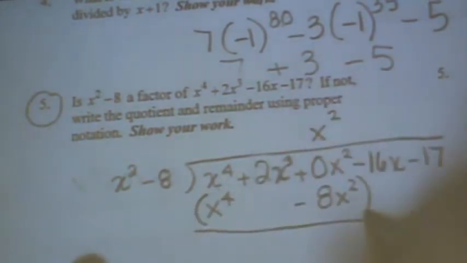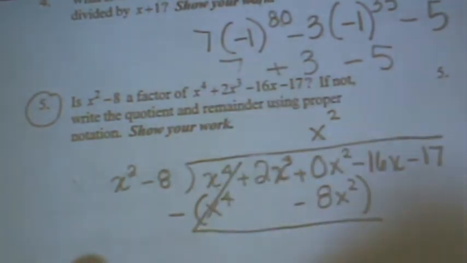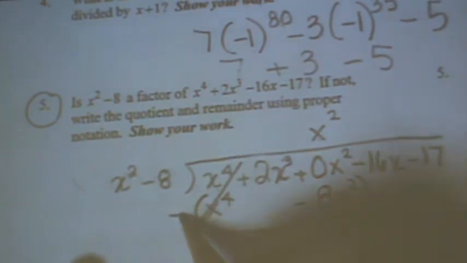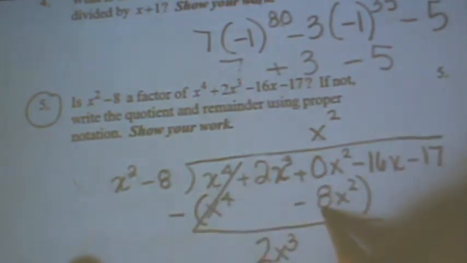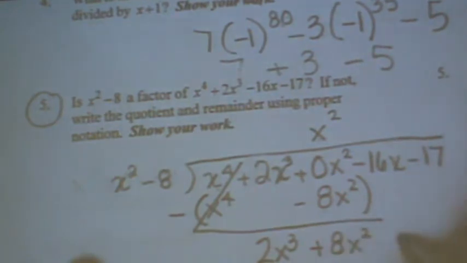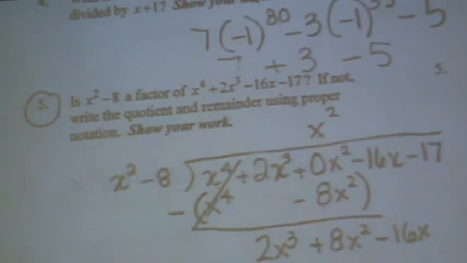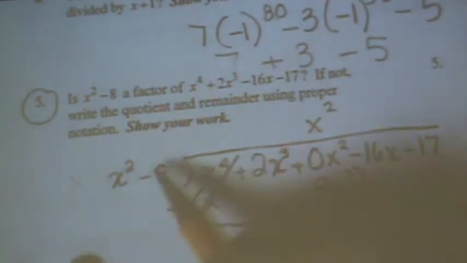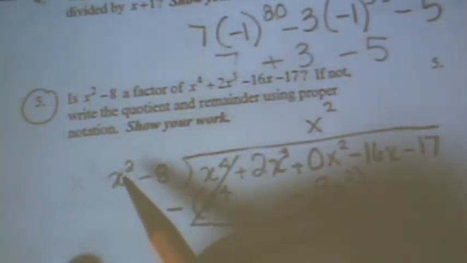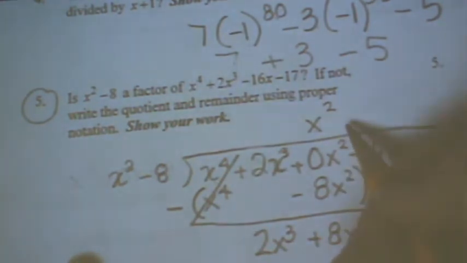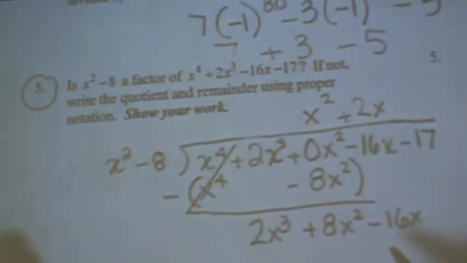All right, so how do you do long division? We want to get x to the 4th. So x squared times what is x to the 4th? So I'm going to put it above here. I'm going to distribute: x squared times x squared is x to the 4th, and x squared times -8 is -8x squared. Now I'm putting it under here because these are like terms. So now what am I doing with these? I'm subtracting them. So these are going to cancel. So now I have 2x cubed and 8x squared. Now I'm going to bring down the 2x. Now what do I want here so that I get 2x cubed? Plus 2x, right?